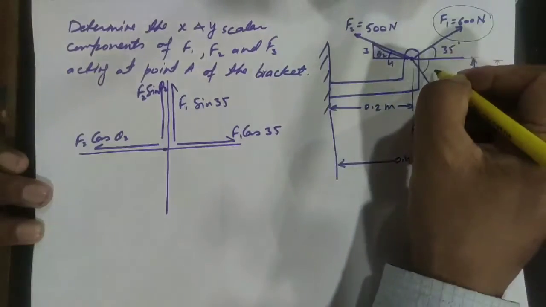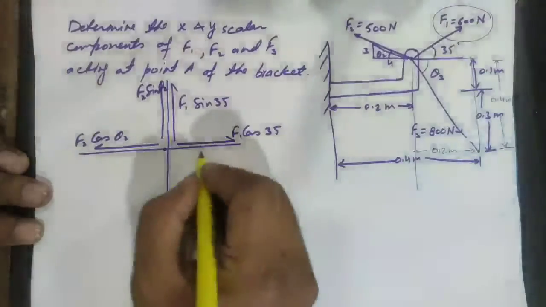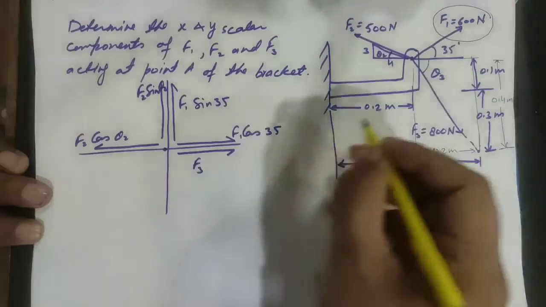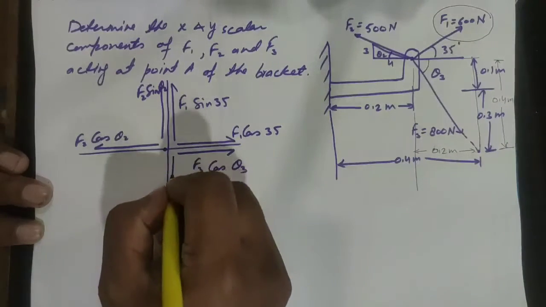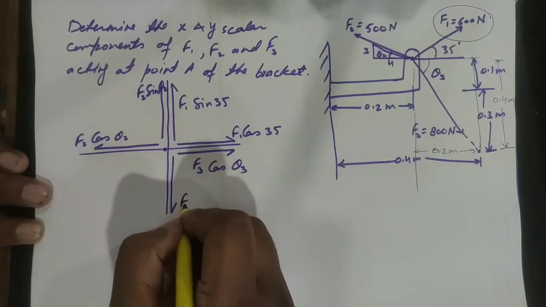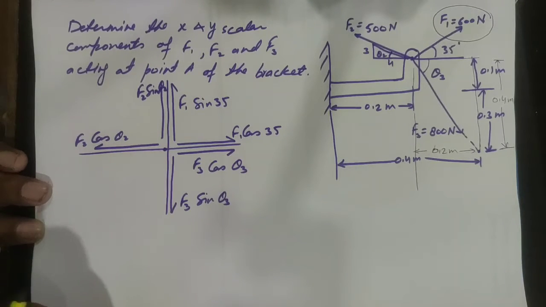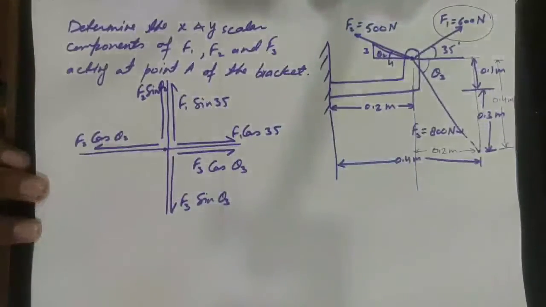For this, let us assume this is theta 3. So along the x-axis we get F3 cos theta 3, and this is F3 sin theta 3. Okay, these are the components of these forces.